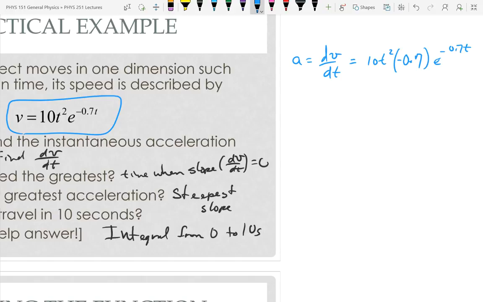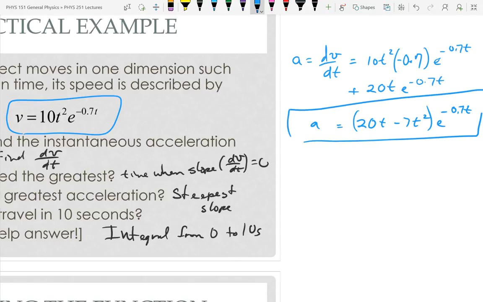So that's the first term. And then the second term plus the derivative of the first, which is 20t, right? We can do that in our heads. We don't need to show it explicitly now. And then multiplied by the second one. So that's equal to 20t minus 7t squared, times e to the minus 0.7t.